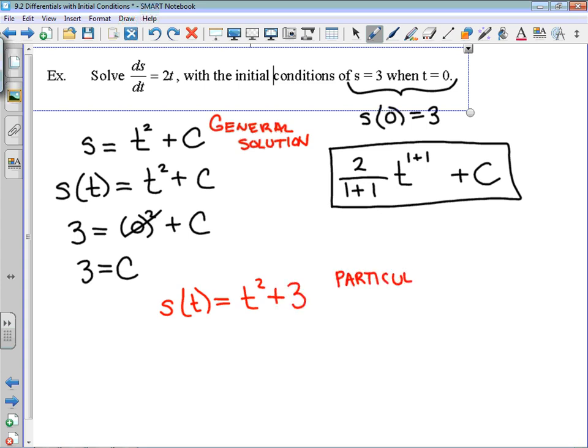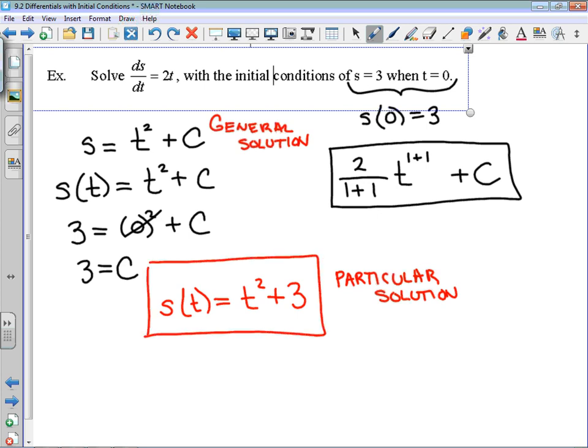Although any constant would satisfy the differential equation, this equation that I'm boxing in red is the only equation that would satisfy both the differential and the given initial condition. And really what 9.2 is about is basically solving for that constant of integration.